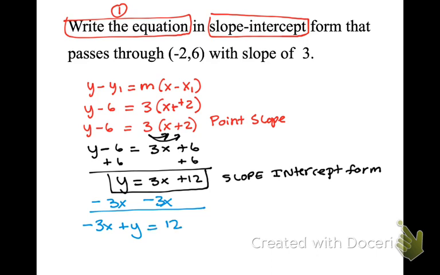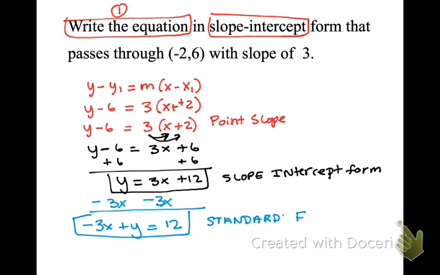Now, my x and y are on the same side. The other thing about standard form is the a, b, and c have to be integers, not fractions. But negatives are okay. So it's negative 3x plus y equals 12. This is standard form.